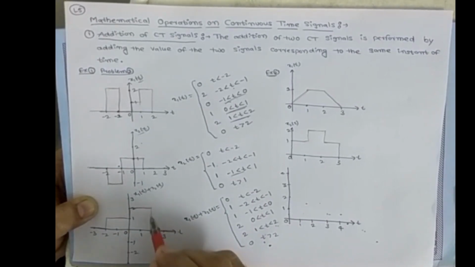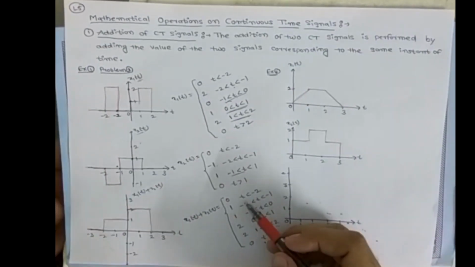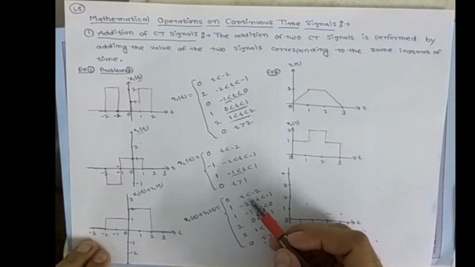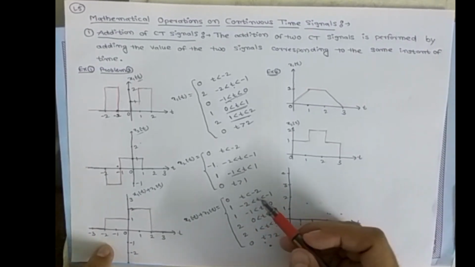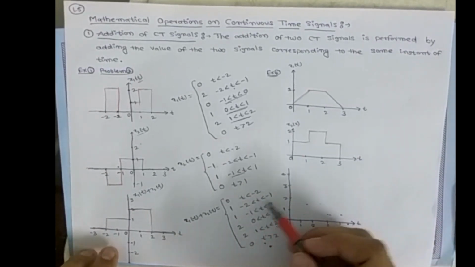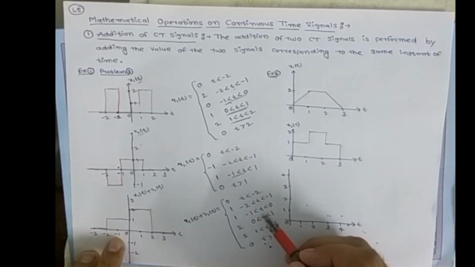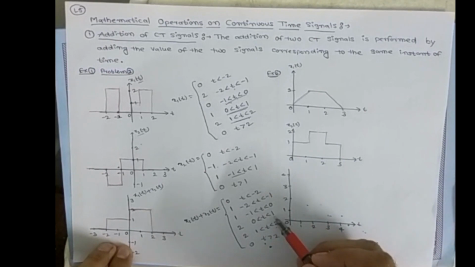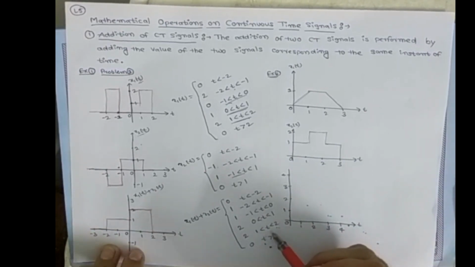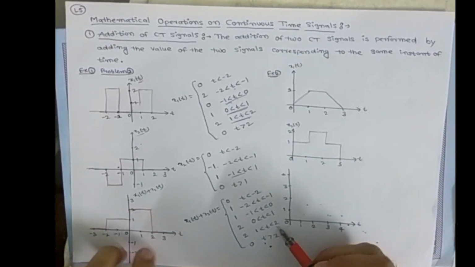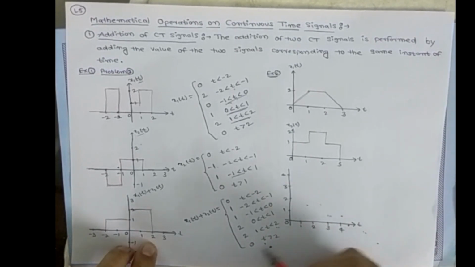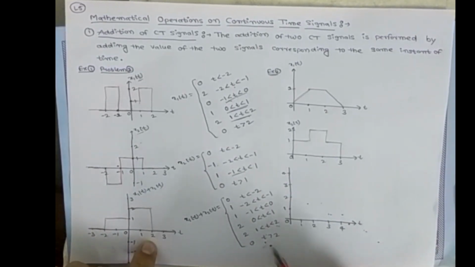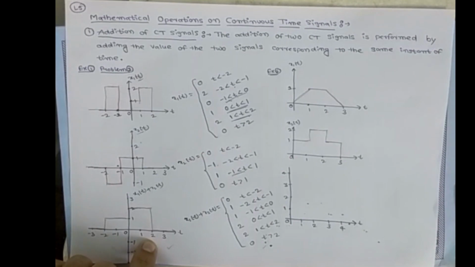So we get 0 for t less than minus 2, 1 from minus 2 to 0, 2 from 0 to 2, and 0 for t greater than 2. So this is the mathematical representation, and this is the graphical representation.